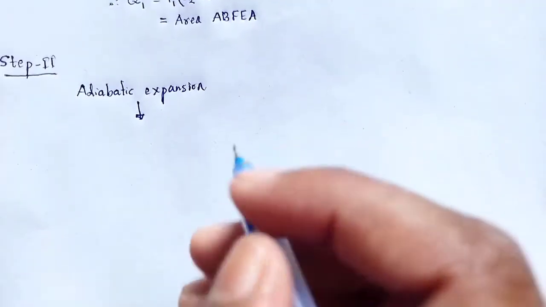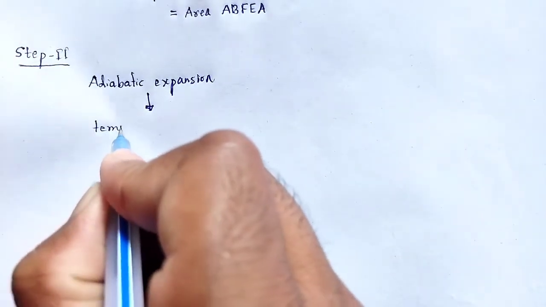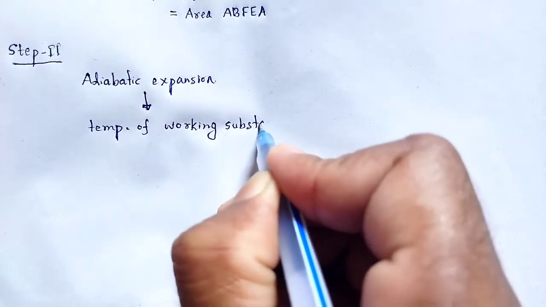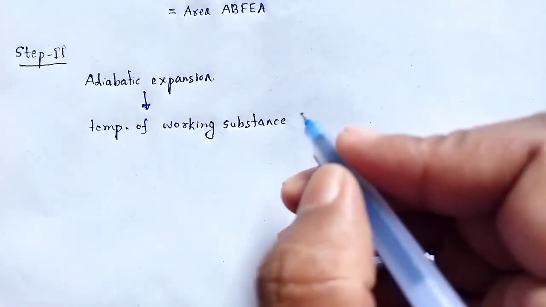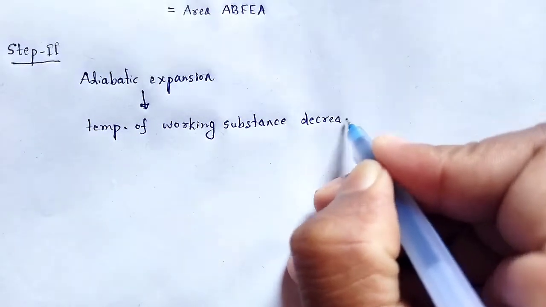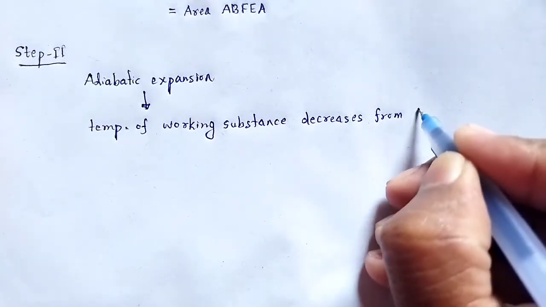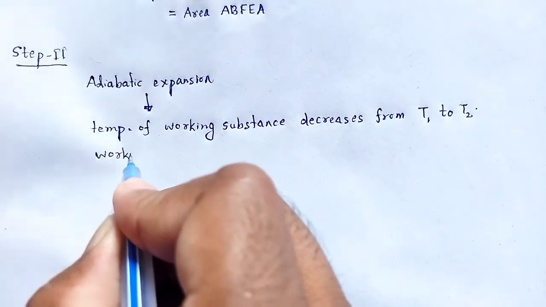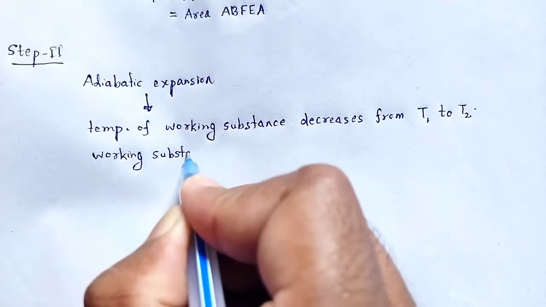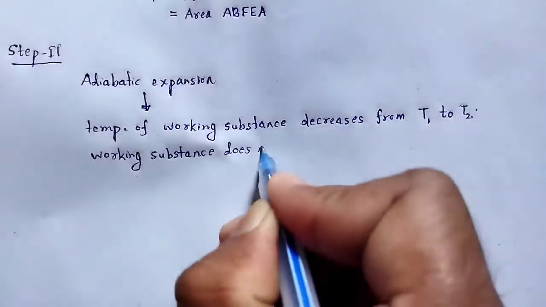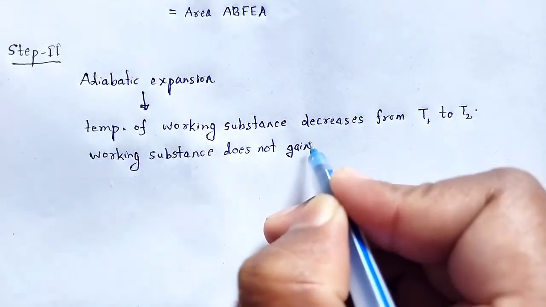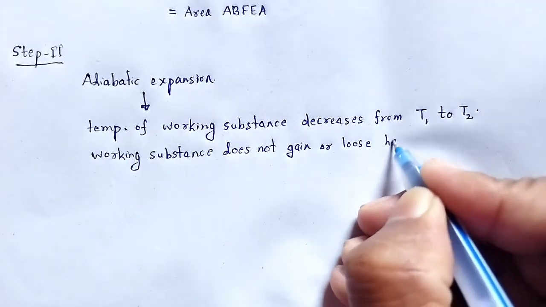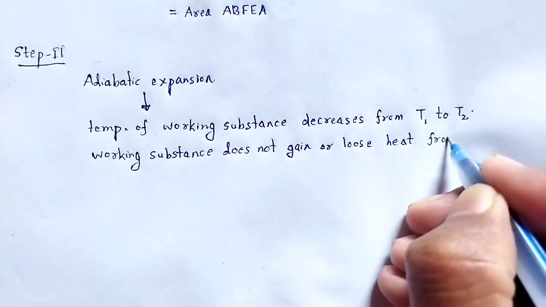Here the temperature of the working substance decreases from T1 to T2, and the working substance does not gain or lose heat from the source or sink.